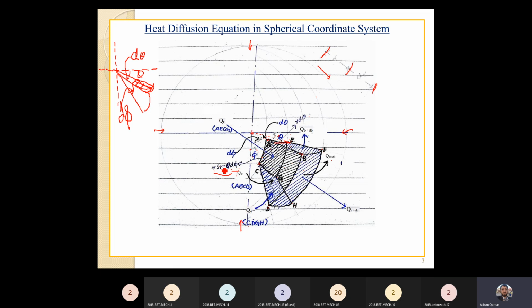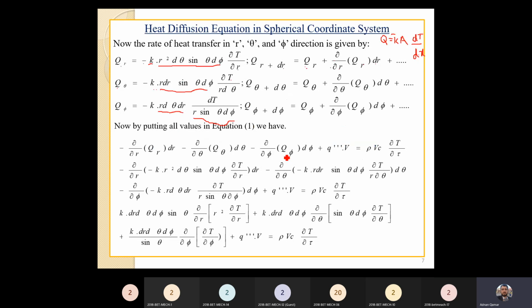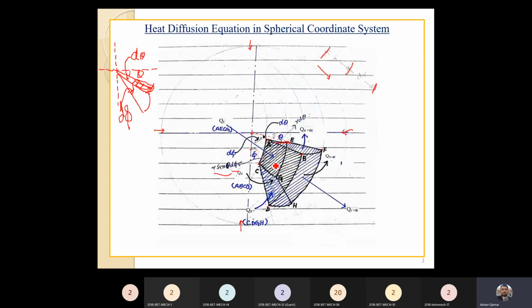This one, r sine theta d phi into dr. This is the phi direction.